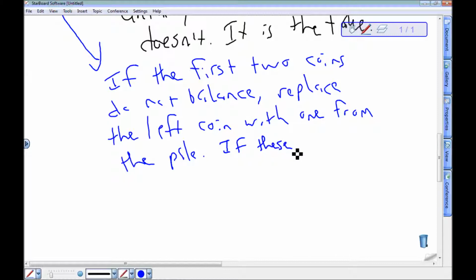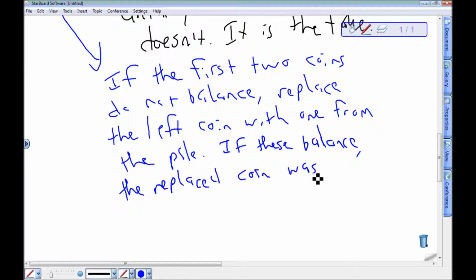If these balance, the replaced coin was fake, right? Because if these two now balance, they're both real, and the one I replaced is fake.